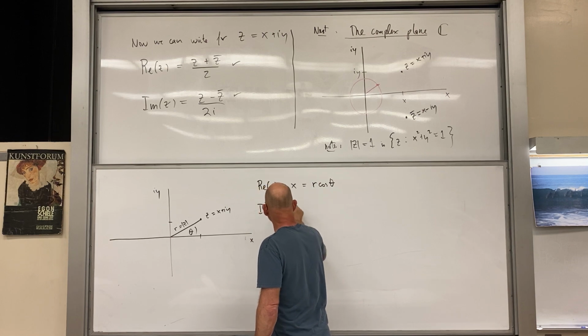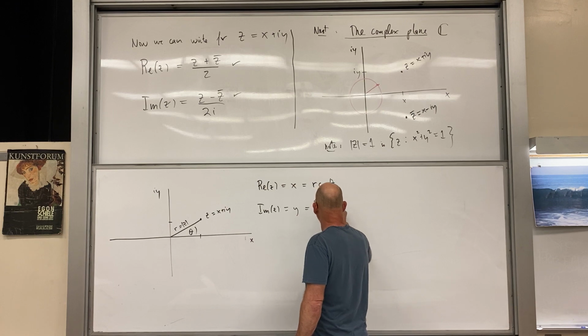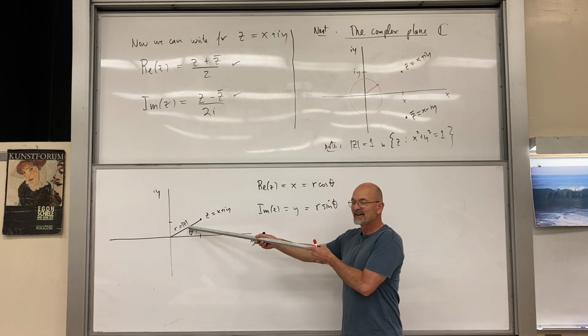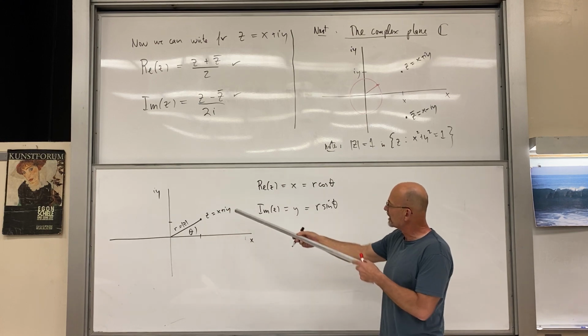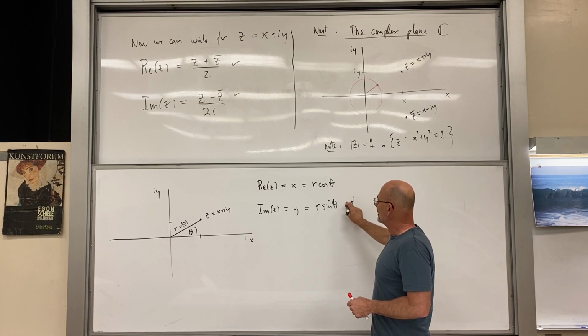The imaginary part of z is equal to y, equal to r sine theta. And of course, instead of r, I could write the magnitude of z if we want. That's all implied right here. Okay, so far so good.